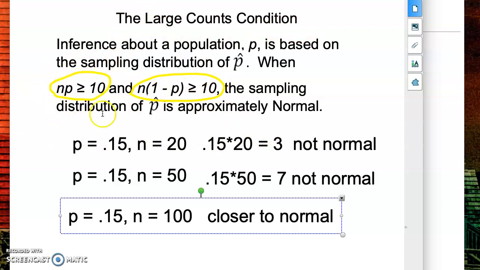When both of these conditions are met, the sampling distribution of p hat is approximately normal. Now you have to check both of them because, for example, if this was 0.85 instead of 0.15, then np would be more than 10, but n(1 minus p) would be 3, and it still would not be normal. Okay, so you have to have both np and n(1 minus p).